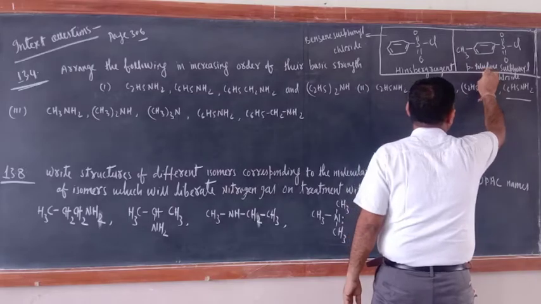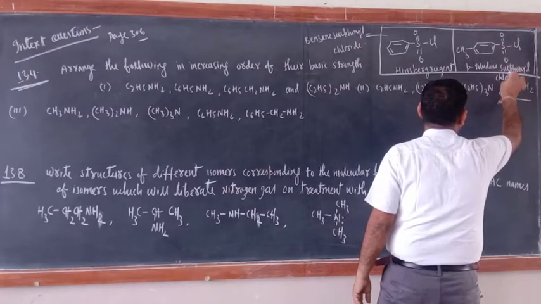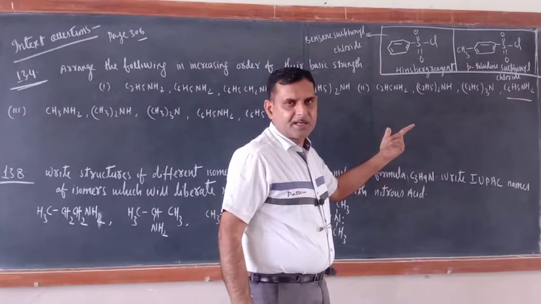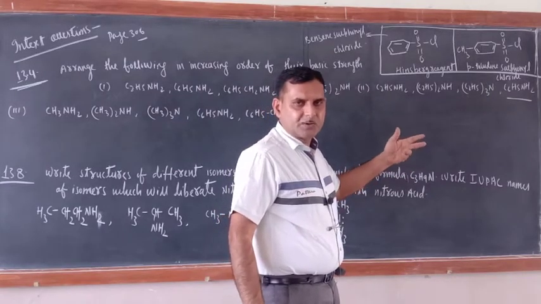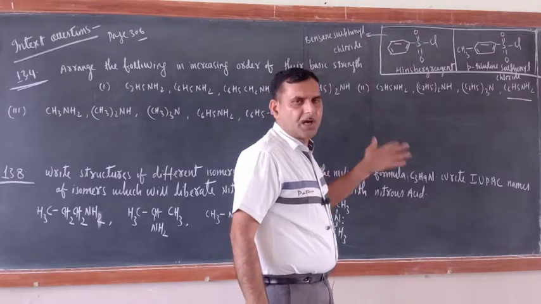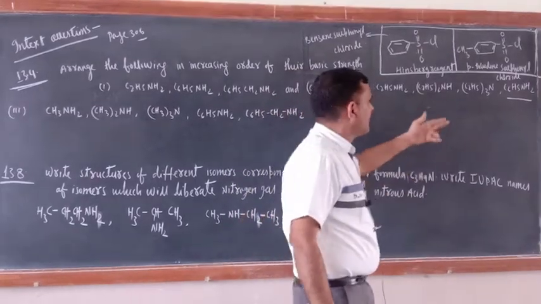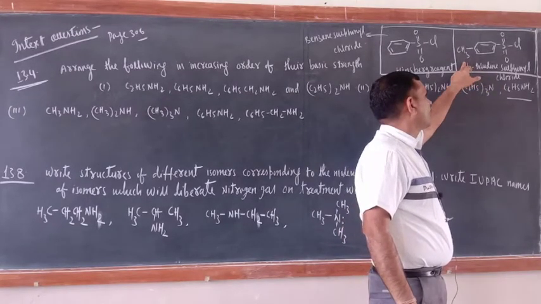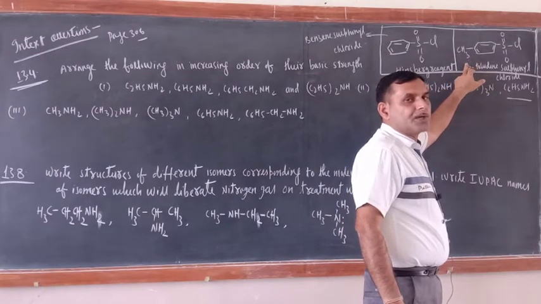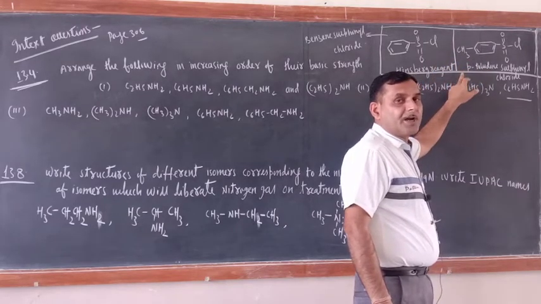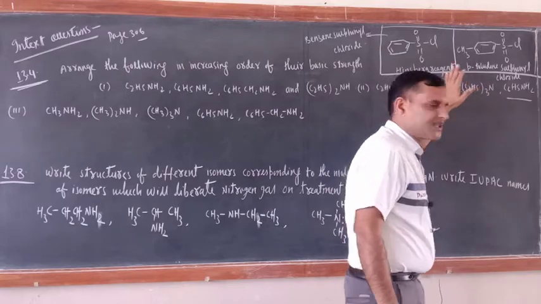Now in 1 mark questions they may ask anywhere, because of the pattern of the question paper you might have seen. A lot of MCQs and logical questions are there. This is used in place of Hinsberg reagent to distinguish between 1 degree, 2 degree and 3 degree amines. So please remember this one.